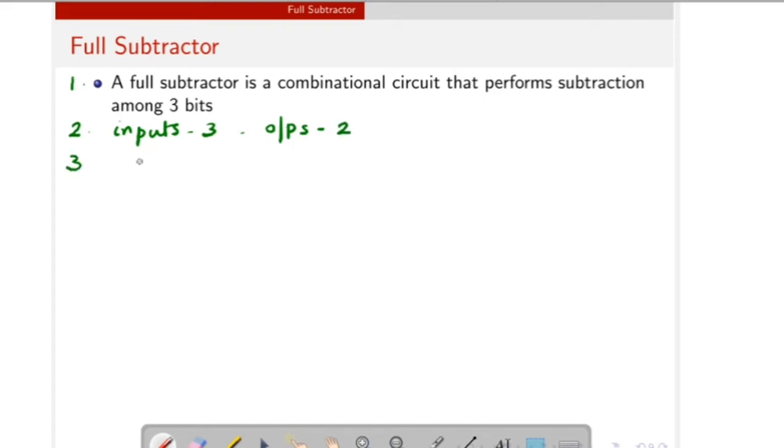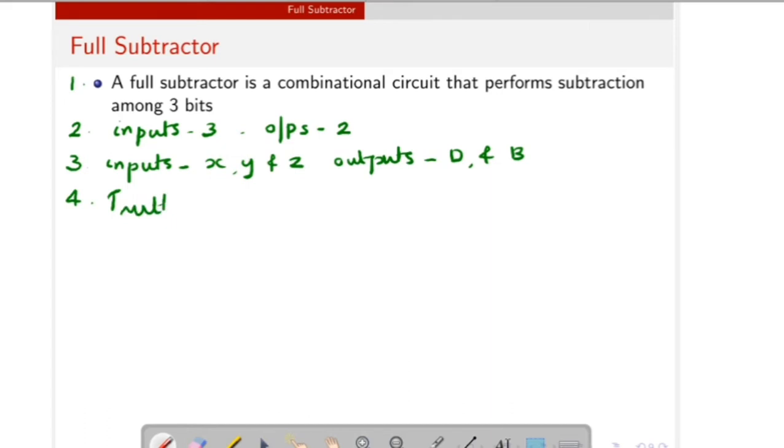Next, you have to assign labels for these inputs and outputs. So you can assign inputs as X, Y and Z. Then outputs are named as difference and borrow. Okay, then fourth step is build the truth table.